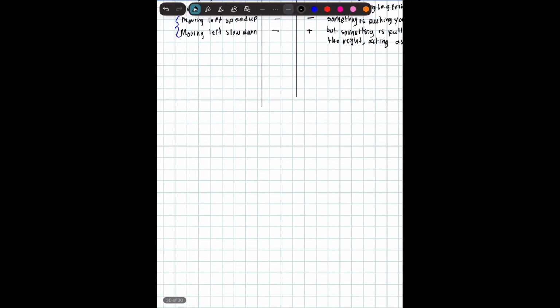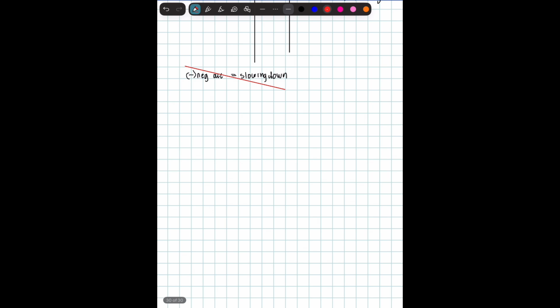Something that a lot of physics students think is that a negative acceleration equals slowing down, and that's wrong. You can think of this as if a car is already moving in the negative direction to the left and has a negative acceleration, it's actually gaining speed in the negative direction. So think of a car in reverse slamming on the gas.